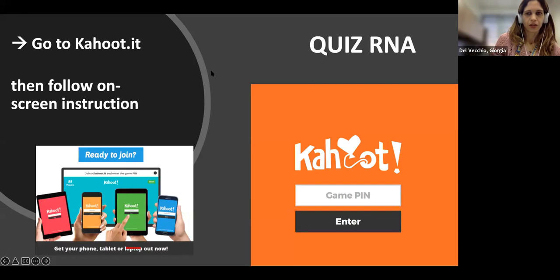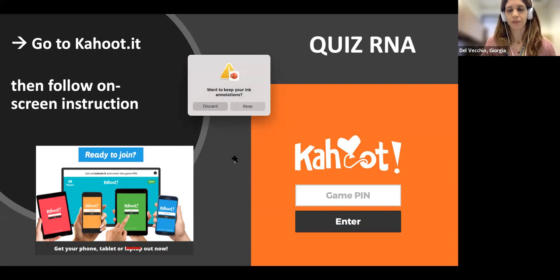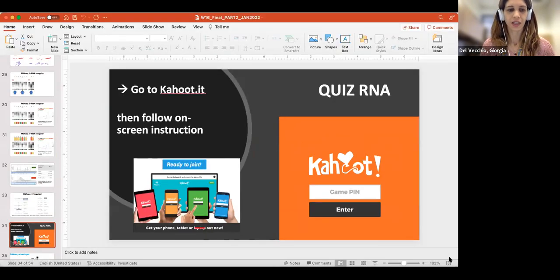Okay, so are there any questions on the RNA quality RIN score? No? Okay. So if you don't have any questions, we can have a Kahoot now. We can play a game, just 4 questions like yesterday, for the RNA part. If you want to play, you can go to kahoot.it, and I will share the code with you.